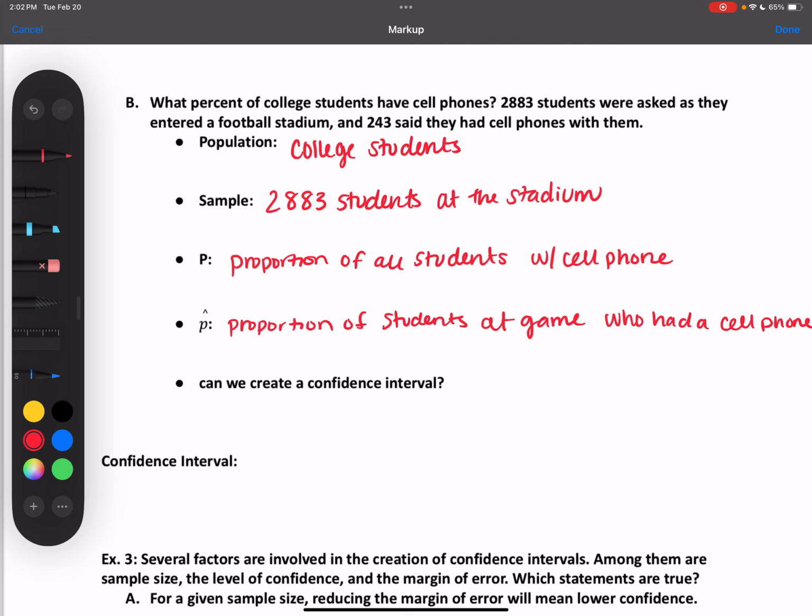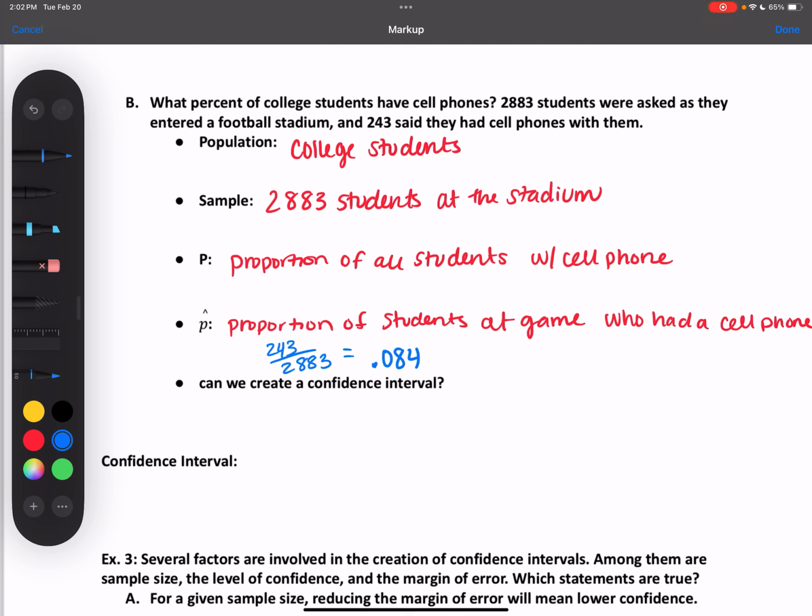We would do 243 divided by 2,883 and get that percentage, or I guess the decimal value. So that is the proportion of students that had a cell phone at the game.